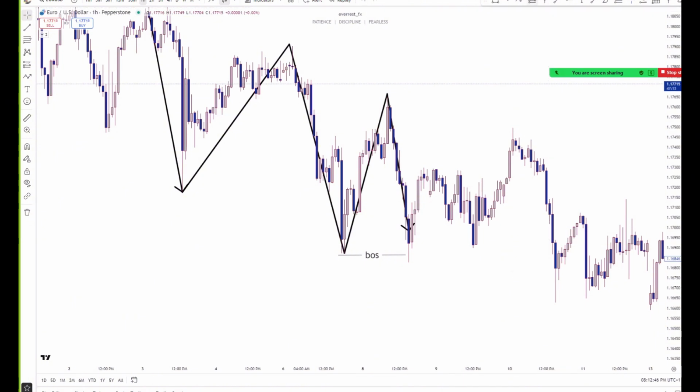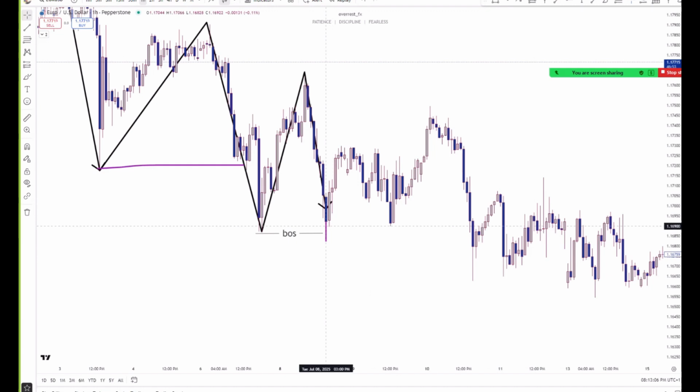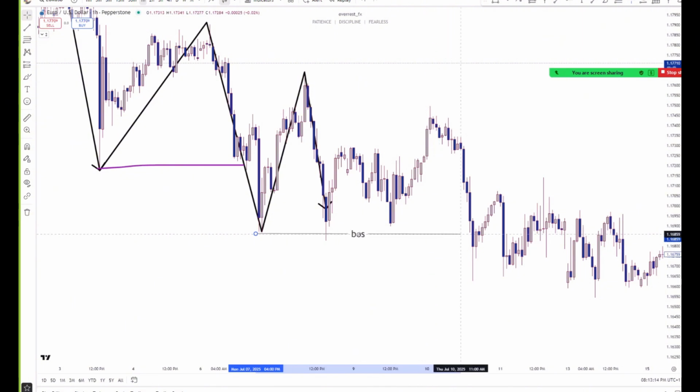A valid break, we say, is when the market breaks using a full body candle. This is just a wick. So it is only when the market uses a full body candle that we say it is a valid break. In this place, the market didn't break structure because this is just a wick. In the future, you are going to learn about liquidity sweep, then you will understand.